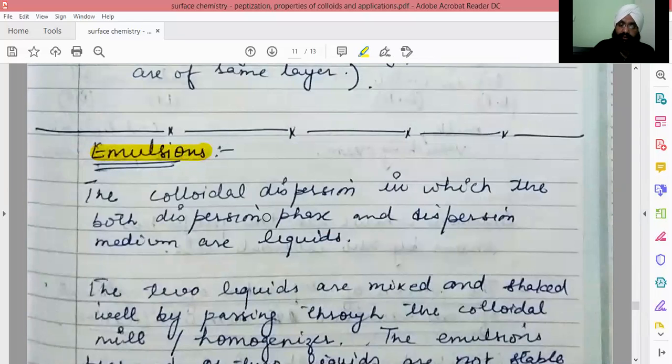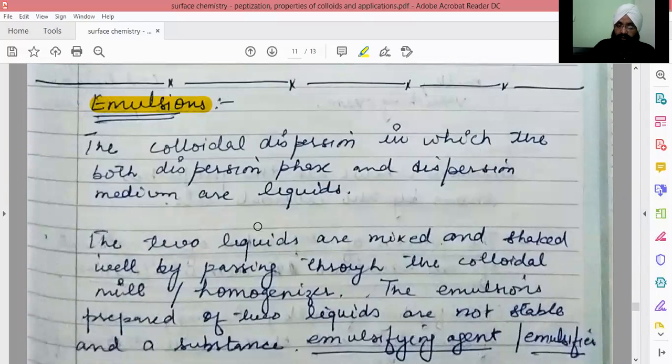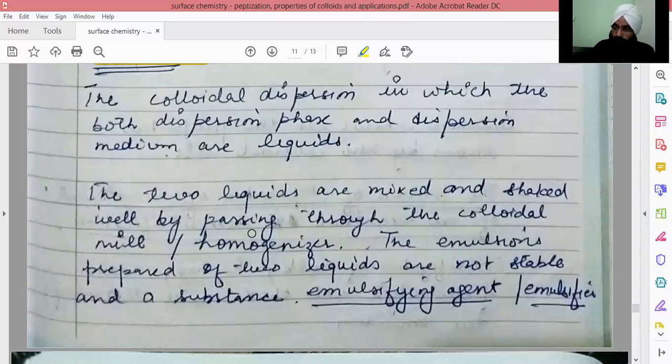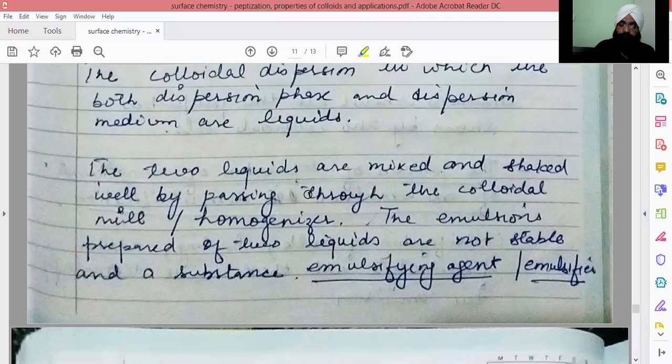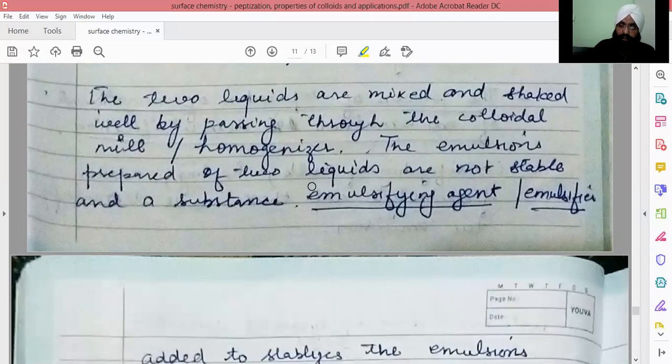Next is emulsions. Emulsions are colloidal solutions where both the dispersion medium and the dispersed phase are liquids. Generally, if the two liquids are not stable with each other, then emulsifying agents are used.